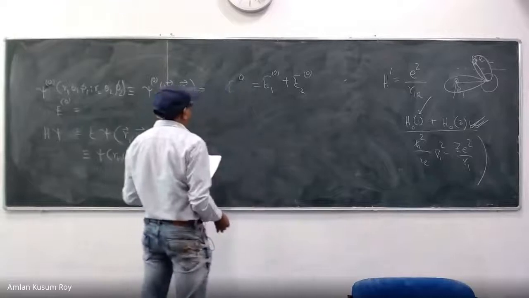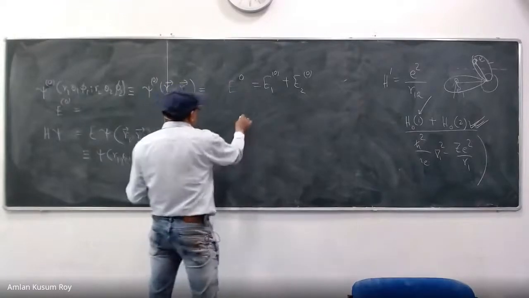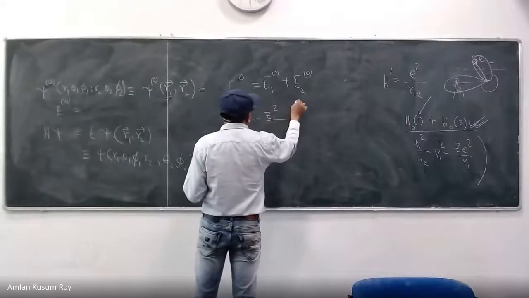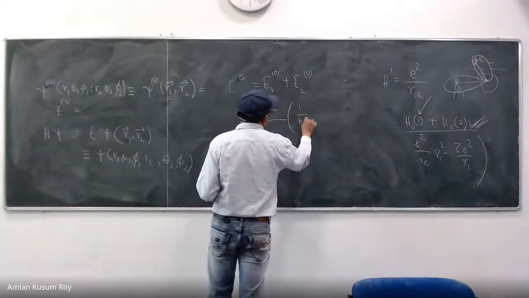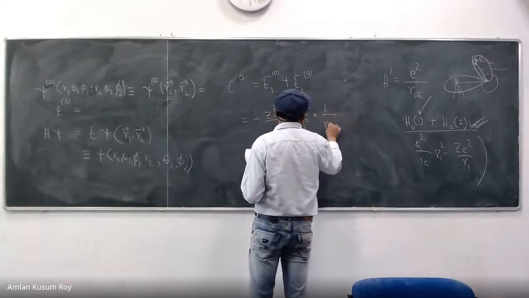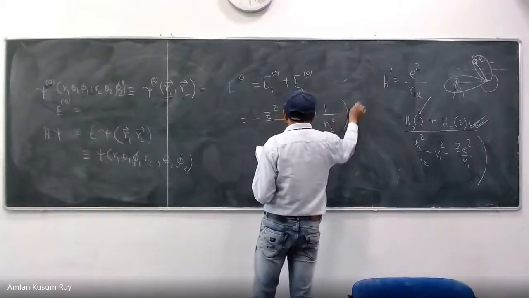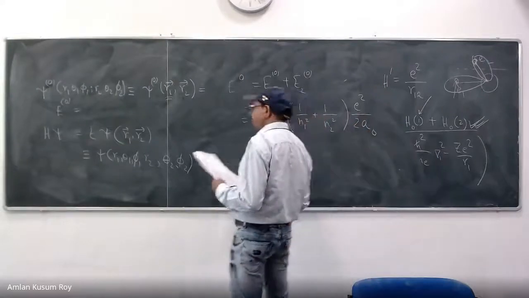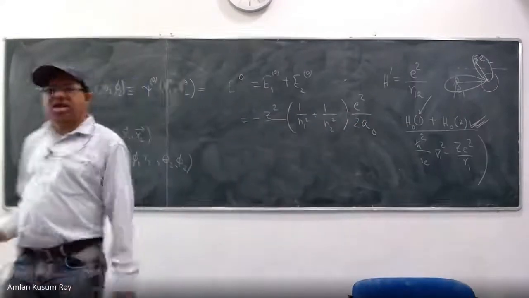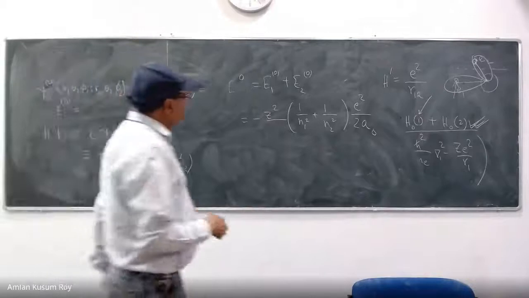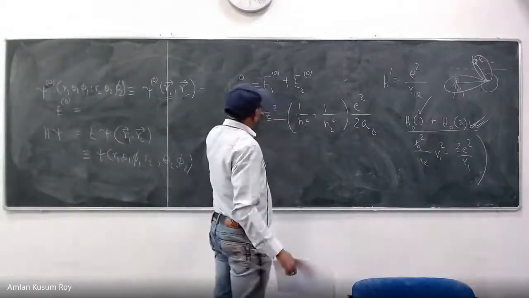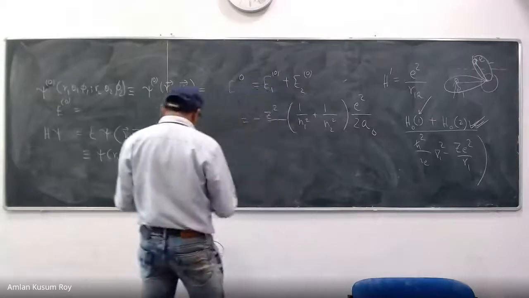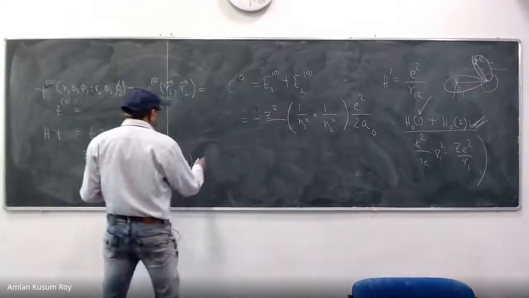The energy of this is minus Z square, 1 over N1 square plus 1 over N2 square, into e square by twice a0. That's the energy. So you see that it is not a hydrogen atom, because Z is not 1, it is 2. Okay. And what is my psi 0?